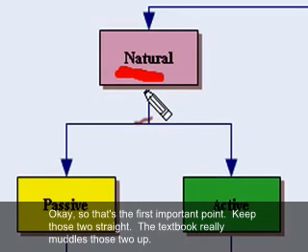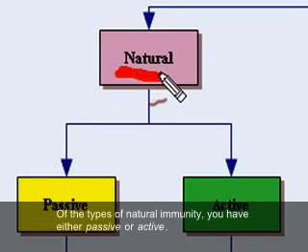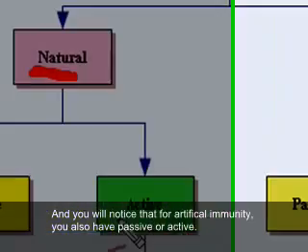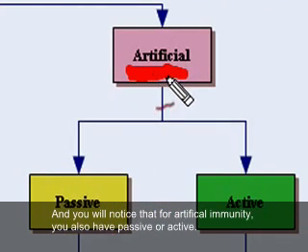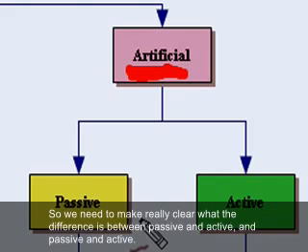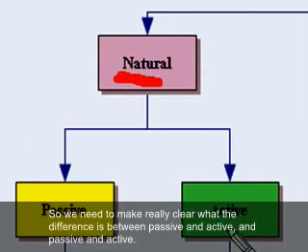The textbook, I think, really muddles things up. Of the types of natural immunity, you have either passive or active. And you'll notice for artificial immunity, you also have passive or active. So we need to make really clear what the difference is between passive and active.